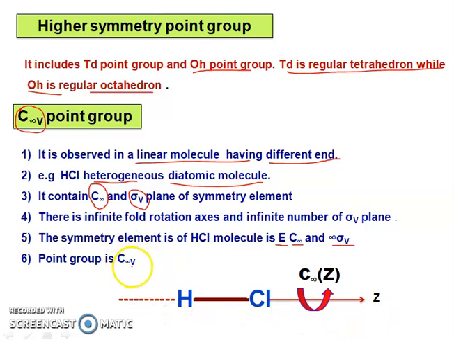C infinity v point group means a C infinity axis and an infinite number of sigma vertical planes, and so the point group it belongs to is the C infinity v point group.